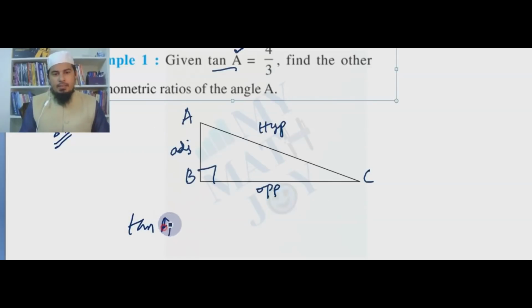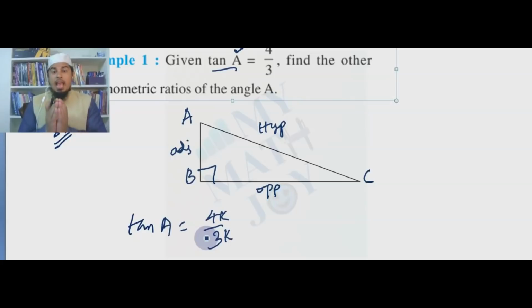Tan A is equal to 4 by 3. In the previous activity we understood that as the sides of a right angle triangle increase but the angle remains the same, the trigonometric ratio does not change. The sides change proportionally but the angles remain the same. So 4 by 3 can be written as 4k by 3k.